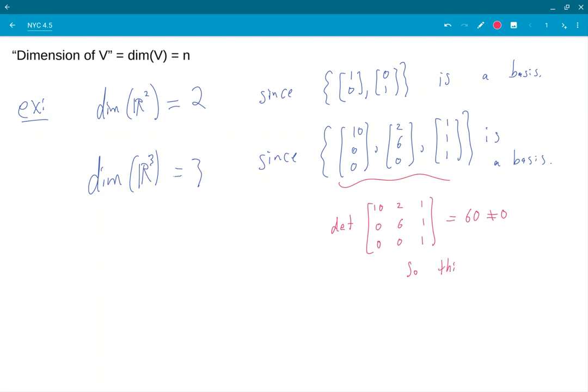So this matrix is invertible, so it has a pivot for every row and for every column.